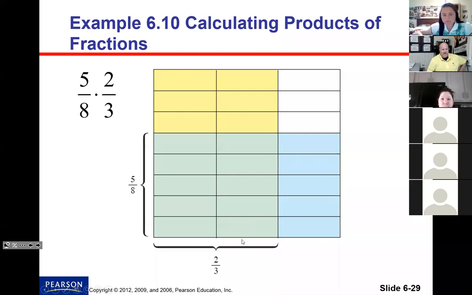Now, all of this here is the shaded part, right? And how much is shaded here? 1, 2, 3, 4, 5, 6, 7, 8, 9, 10. So there's our 10, our numerator, our 5 times 2. And then how do we get the denominator? Well, that's the whole other part of it that it's all subdivided into. And it's subdivided into 24 parts, right?